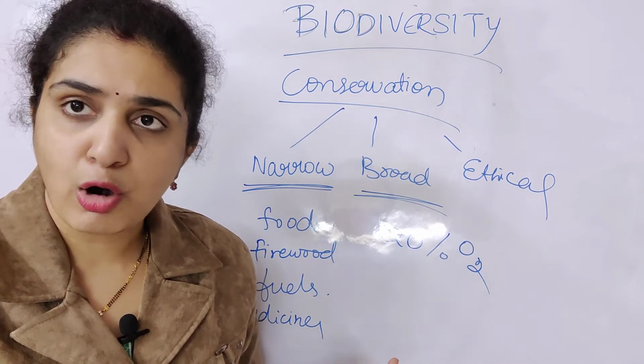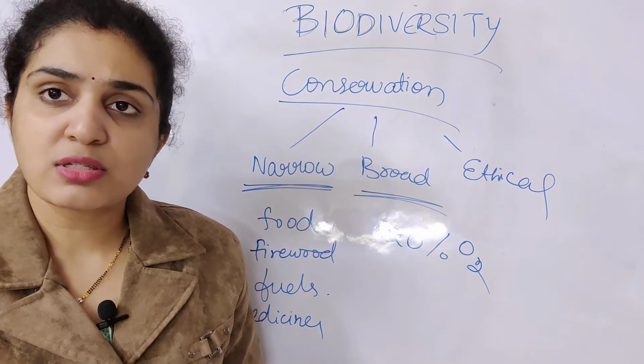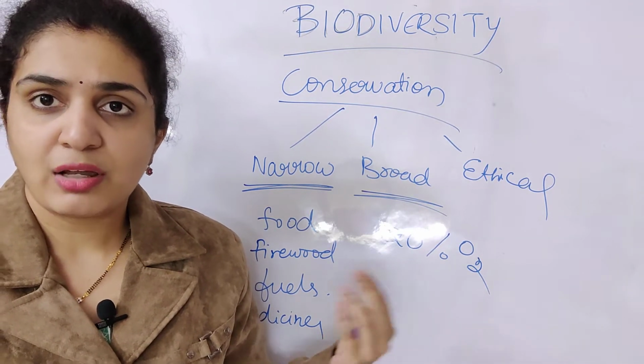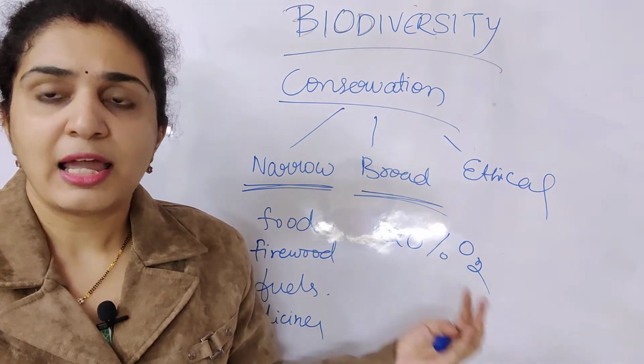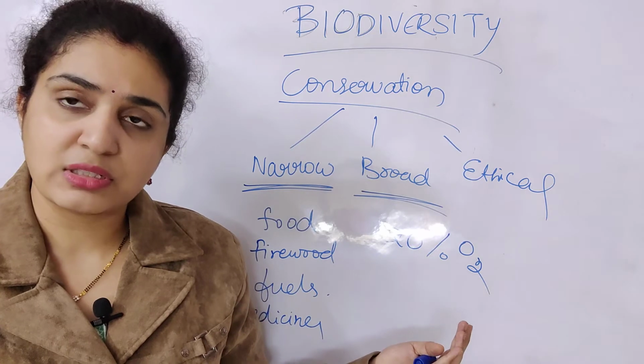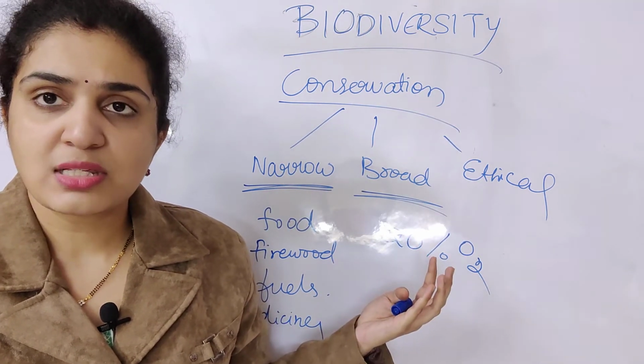Suppose you are thinking in a broad way. First of all, we all require oxygen to survive. So how is this oxygen provided? By the process of photosynthesis. Tropical rainforests produce about 20% of the total oxygen in the atmosphere.